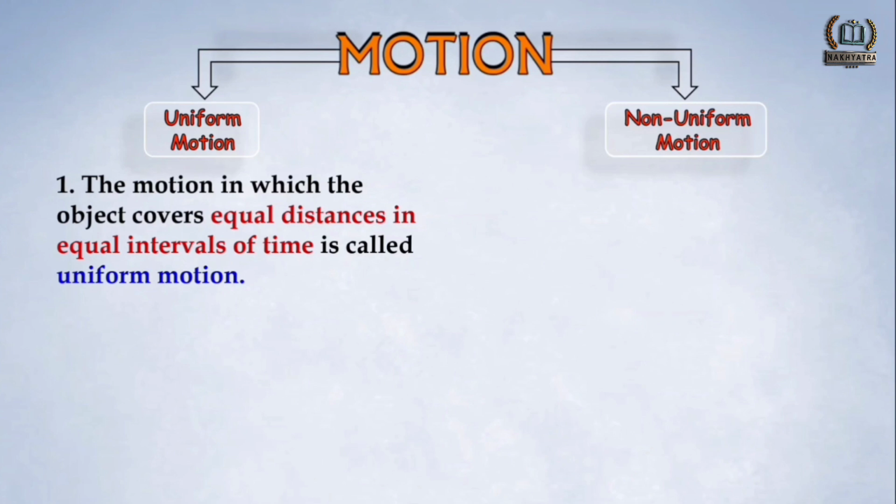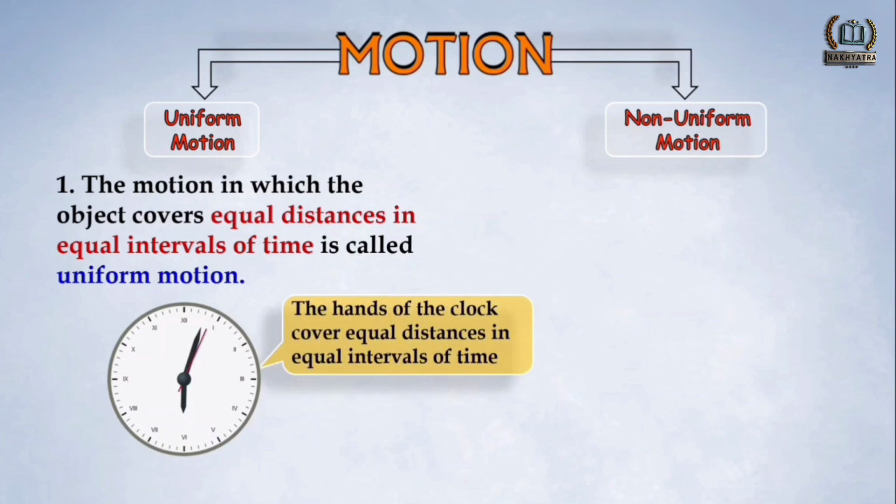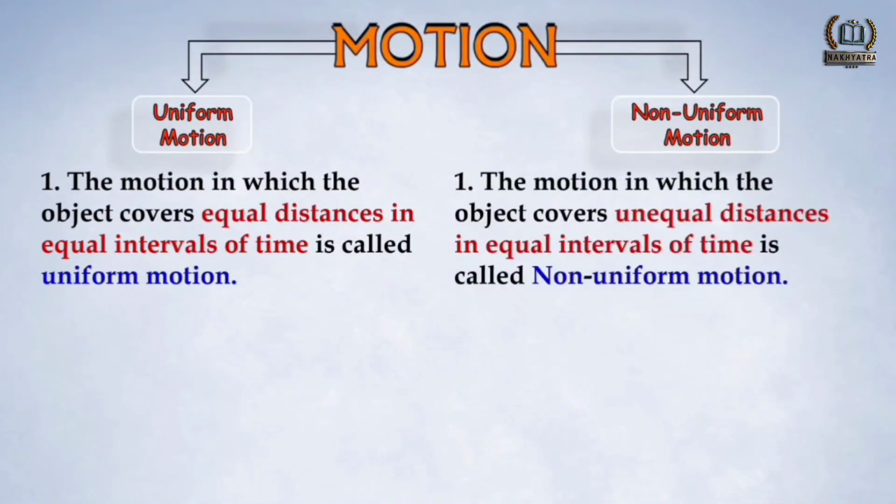Now see this clock. As you can see, the hands of the clock cover equal distances in equal intervals of time. Next we will see the definition for non-uniform motion. The motion in which the object covers unequal distances in equal intervals of time is called non-uniform motion.